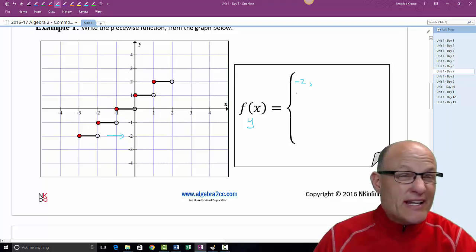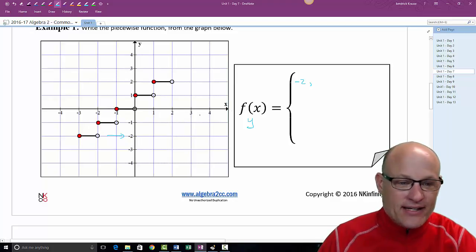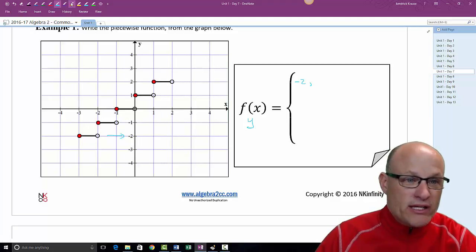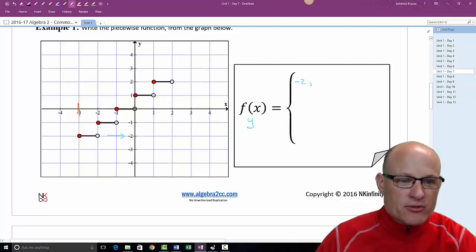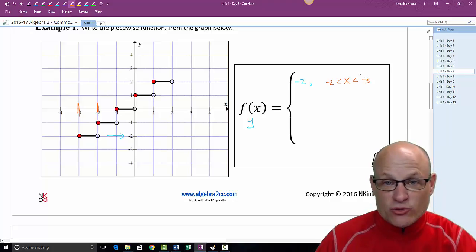But it's only -2 over a defined interval, and that defined interval is between -3 and -2. So I'm going to do x in the middle, always less thans, -2 and -3. Now you just have to decide if you're going to put an equal to on them.